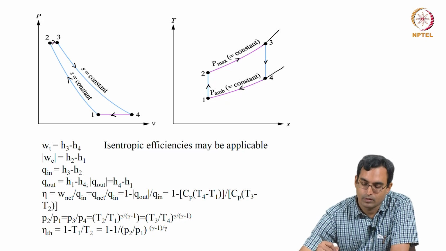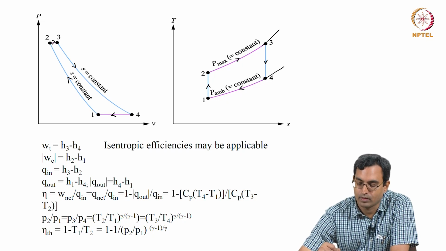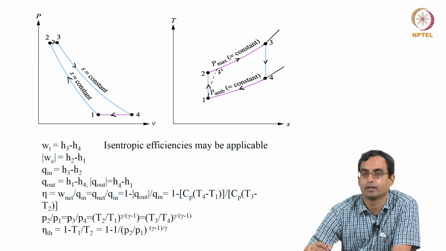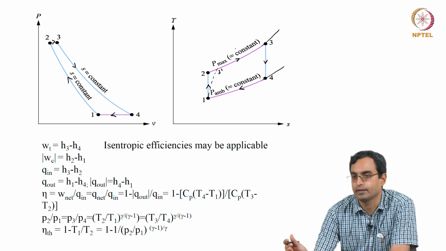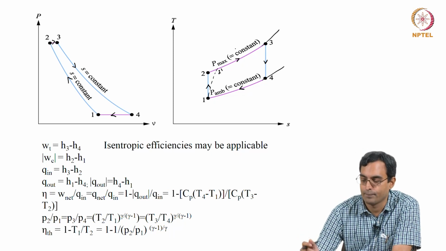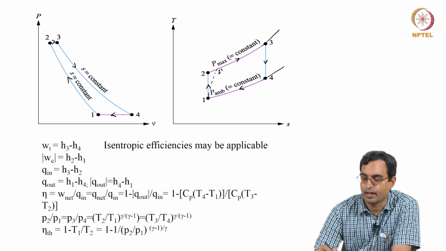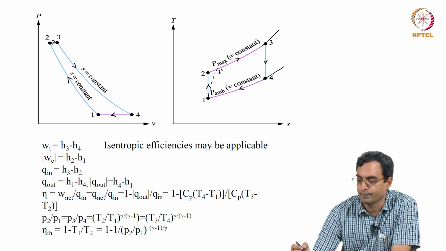So, instead of 1 to 2 which is a constant entropy here, you may end up with some point 2 prime, let us say, which is to the right, because entropy increases, so it has to move to the right. It is adiabatic but irreversible, so we will have a point 2 prime to the right.